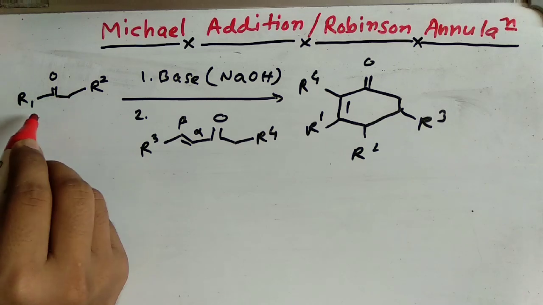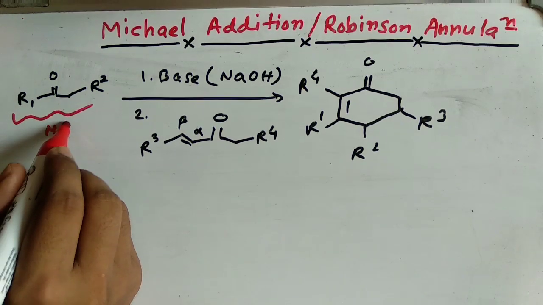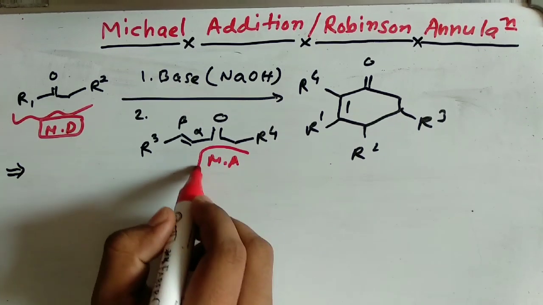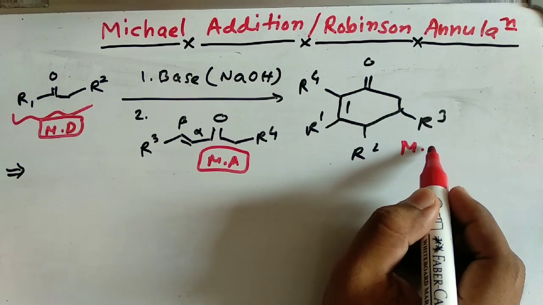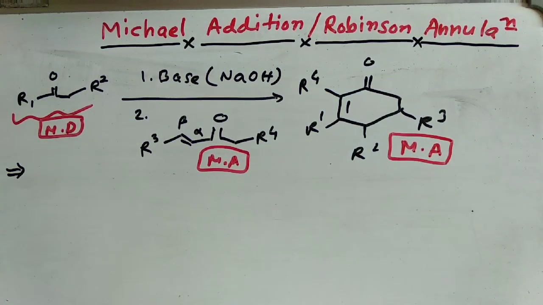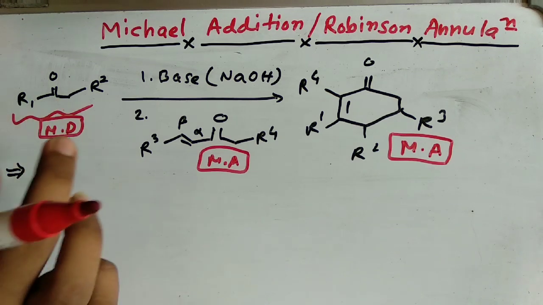So this one is likely the Michael donor, like in the Michael addition reaction. This is the Michael acceptor, and this is called the Michael adduct. Okay, so Michael donor, Michael acceptor, and Michael adduct, that is the product. Michael donor means there will be an activated methylene system.